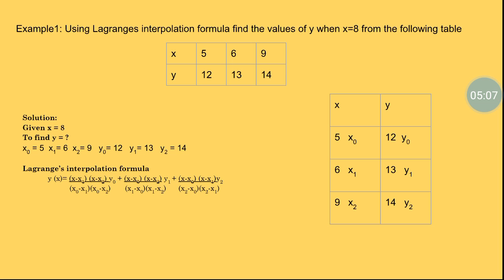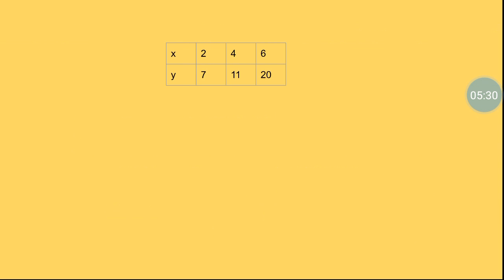In the first term x0 is not there in the numerator, it is there in the denominator. x1 appears in the denominator of the second term, it does not appear in the numerator. And in the third term, x2 does not appear in the numerator, it appears in the denominator. Then by substituting all the values, we come to the answer y of 8 equals 14.